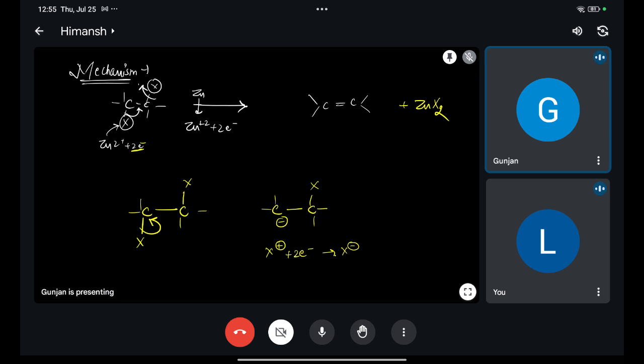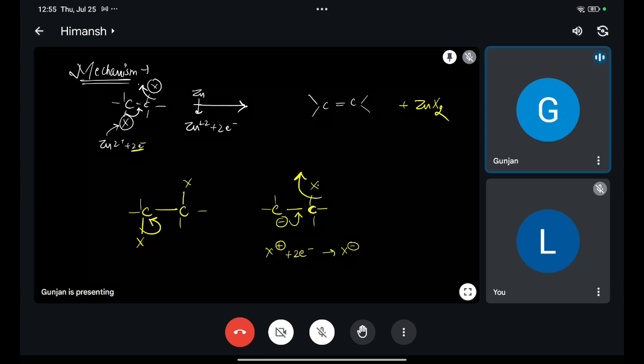Yes, ma'am. Lower one, right? Yes, ma'am, this one I understood. Now, this negative is making a bond over here. When a new bond is created, this carbon got an electron now, so the halogen leaves as X negative.